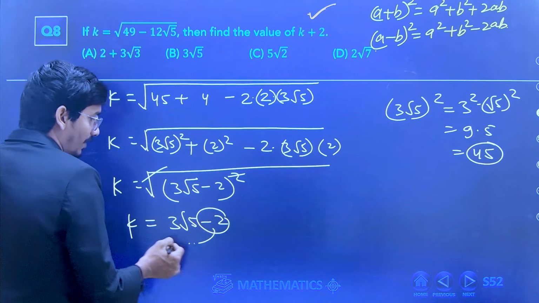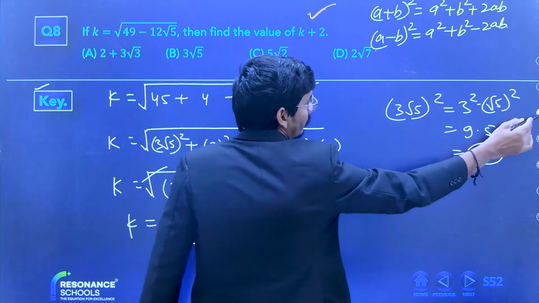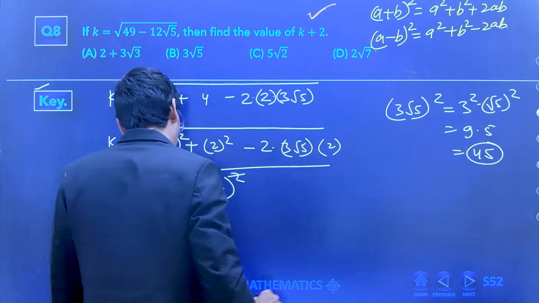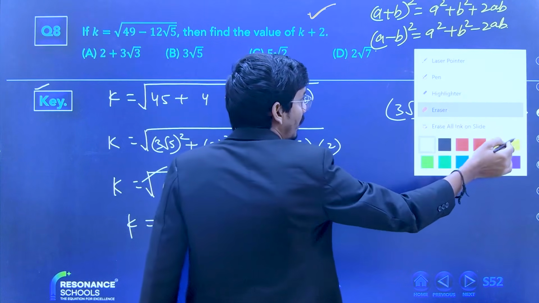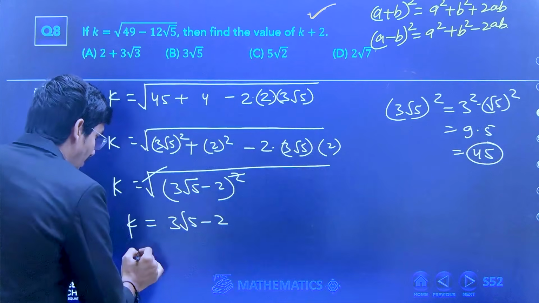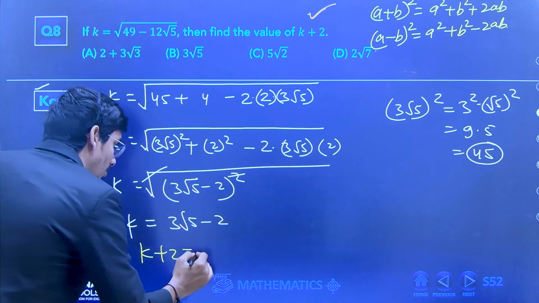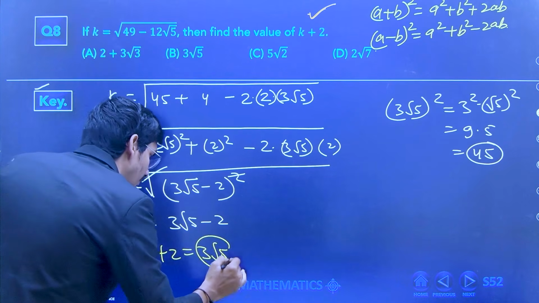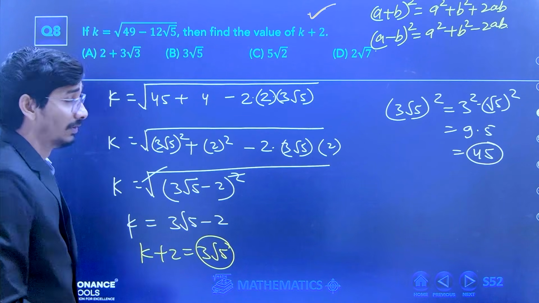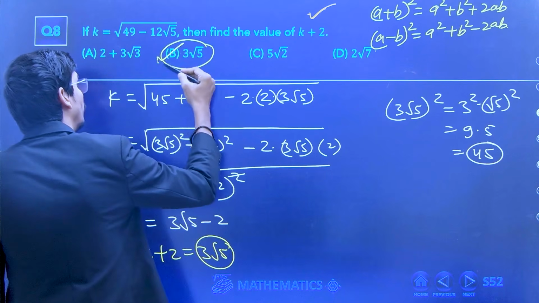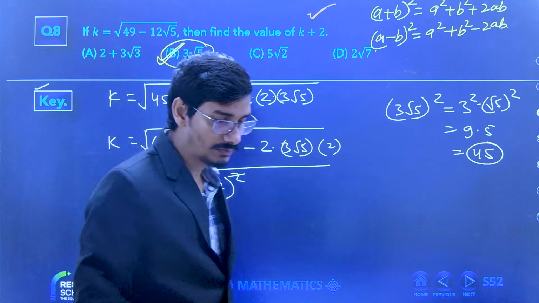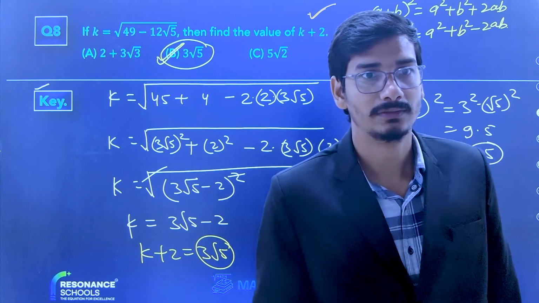Now this 2 will come to the left side. When it comes to the left side, it becomes K plus 2, and on the right hand side it's 3 root 5. 3 root 5 means which option, beta? Option number B.